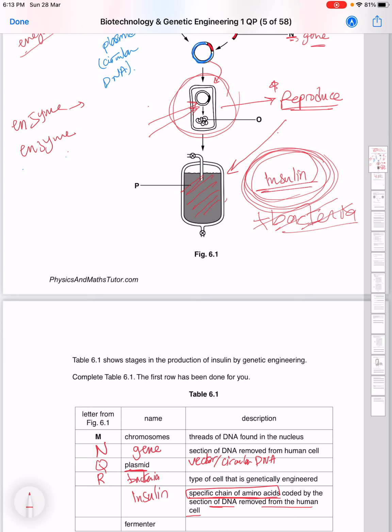Yes, insulin is a protein. Someone would say, but Miss, insulin is a hormone. Yes, and hormones are proteins. That's a surprise for those who don't know. So you can write insulin, you can write protein. Both of them are accepted. And the letter was O.